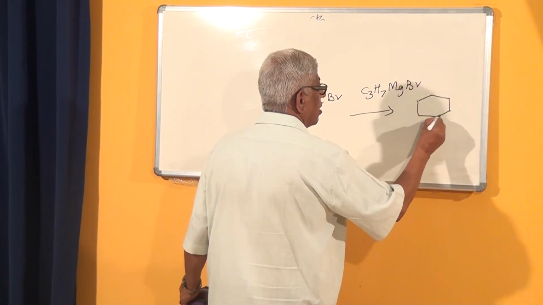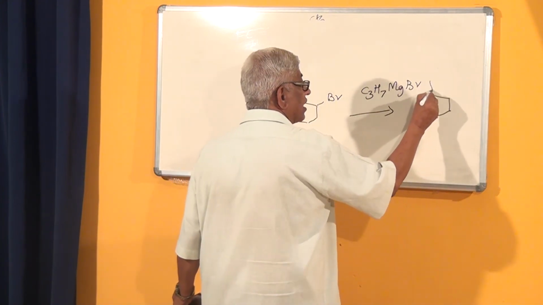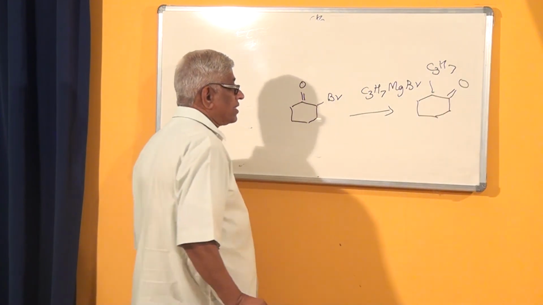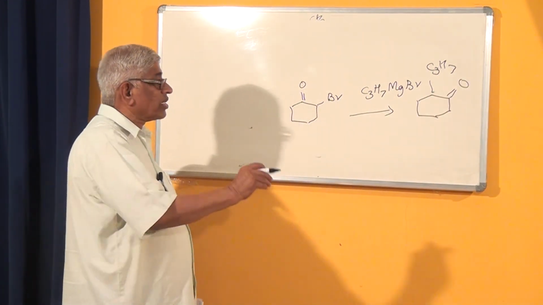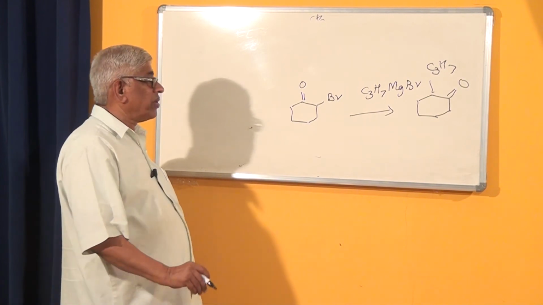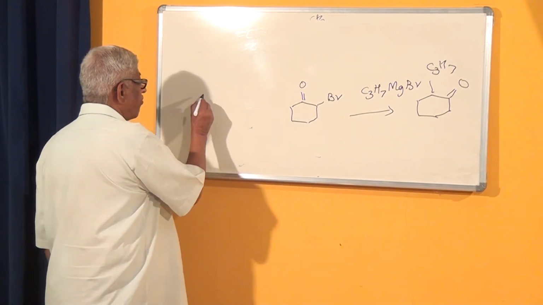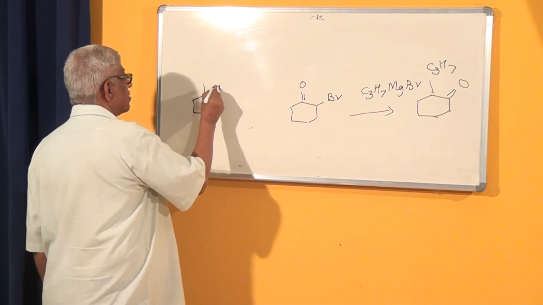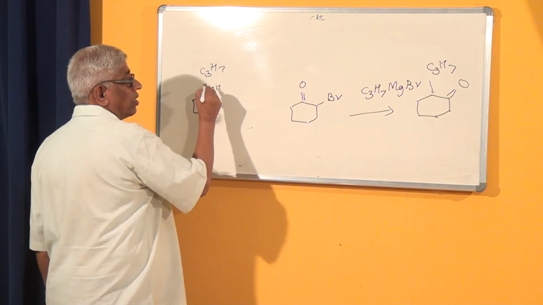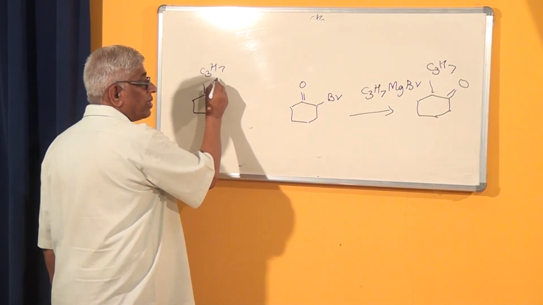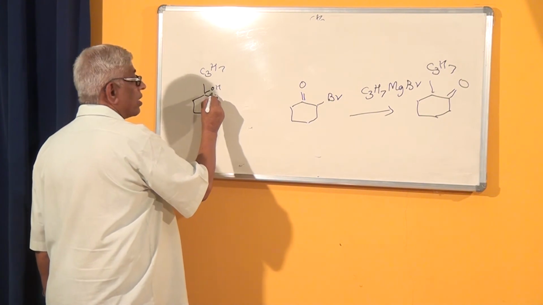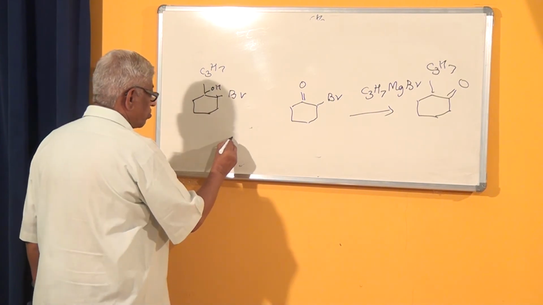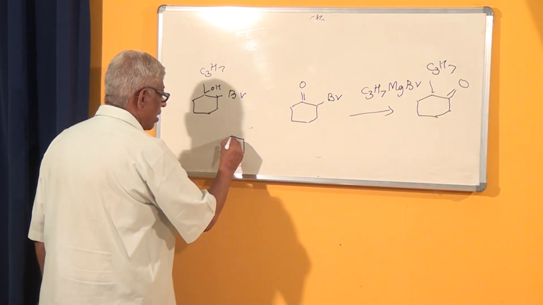You end up with the C3H7 attached at this point and a CO. You may think of this as a simple displacement reaction, but this is not a simple displacement reaction. This is an addition of C3H7 at this center forming OH, C3H7, and OMgBr becomes OH, and you have a bromine at this point, and the OH group will displace the bromine forming an epoxide.